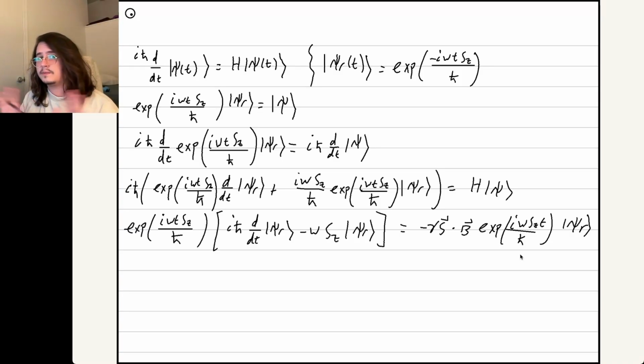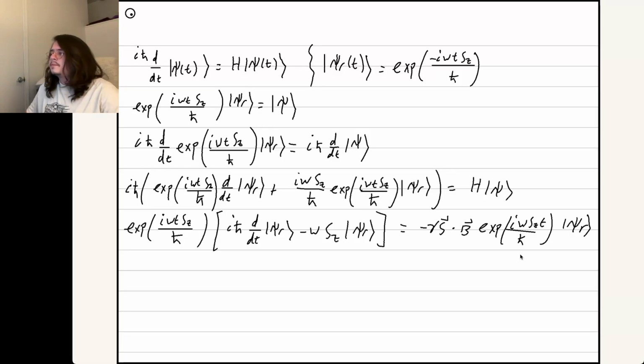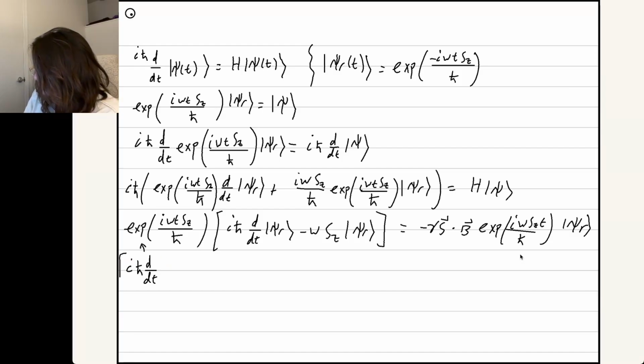That way all of our kets on either side of the equation are the same. So let's move this rotation to the other side now. On the left hand side we'll just have i h bar d dt, this is pretty much an operator now, minus omega Sz times ket psi r.